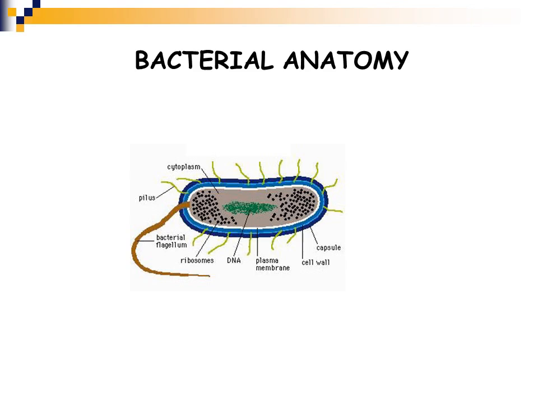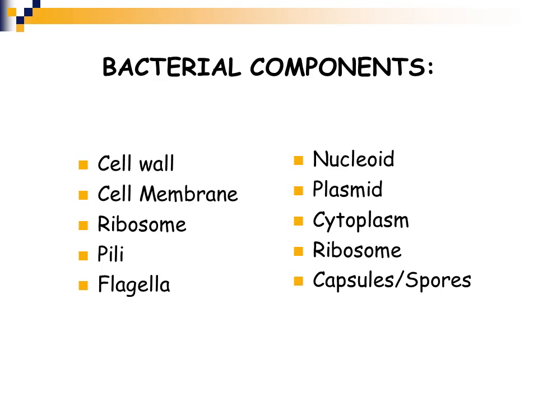They do contain a cytoplasm. Some bacteria will have a flagellum or several flagella. They do contain nucleic acids, there's DNA, there's a plasma membrane, a cell wall, and some organisms do have capsules.